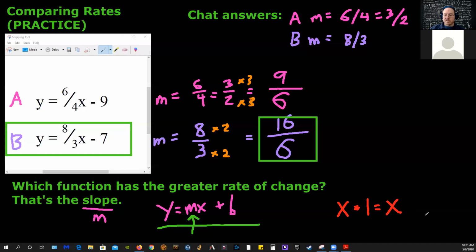Now, there's another rule that says that anything divided by itself is 1. So we're going to combine these two rules, multiplying something times 1, but in the version of a number over itself.